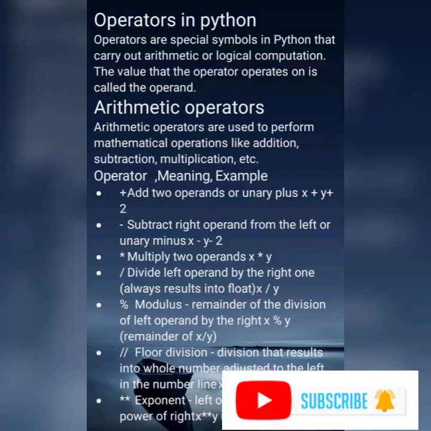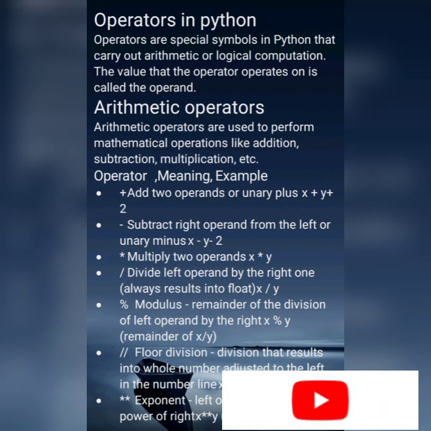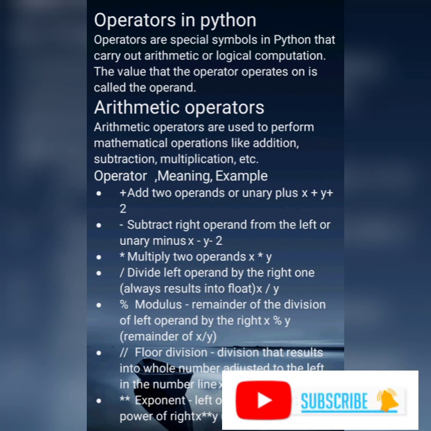And the next one is Python operators. We have several types of operators in Python, like arithmetic operators, logical operators, boolean operators and so on. At first, what are operators? Operators are special symbols in Python that carry out arithmetic or logical computations, and the value that the operator operates on is called the operand.